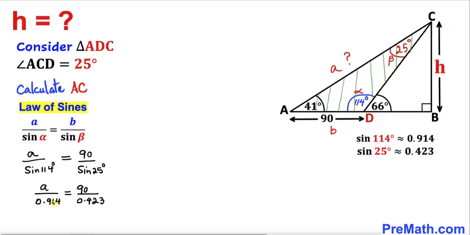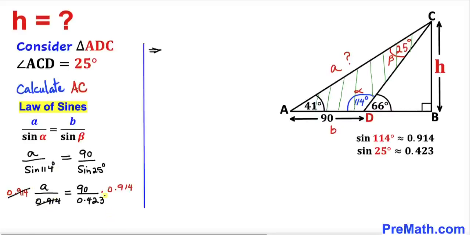Now let's go ahead and multiply both sides by 0.914 on the left hand side and 0.914 on the right hand side to isolate a. So on the left hand side this thing is gone.